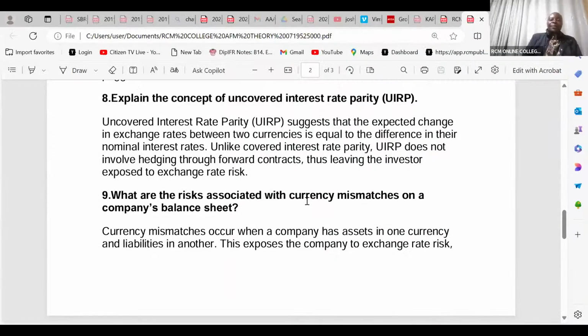What are the risks associated with currency mismatches on a company's balance sheet? One of the ways of hedging, if you remember, is to have your business invoicing customers using some currency.